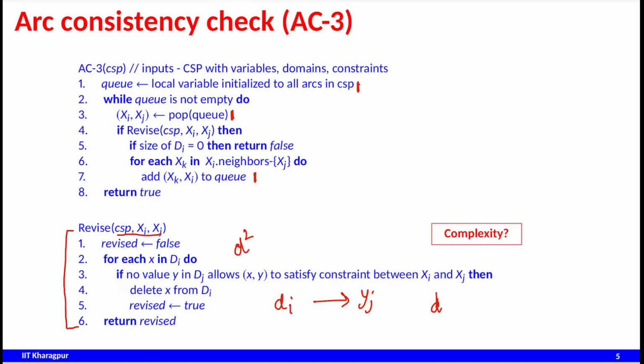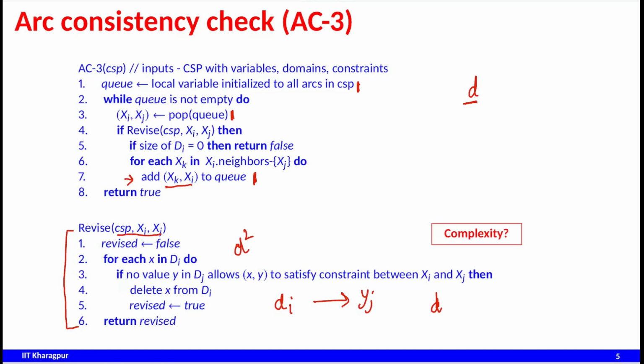And it can get added d number of times, where d is the domain size of the variable, because whenever I remove one value from its domain, in the worst case this edge can get added into the queue. So effectively an edge can get added a maximum of d number of times.